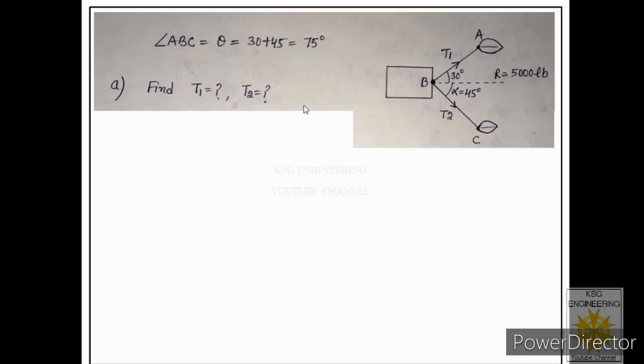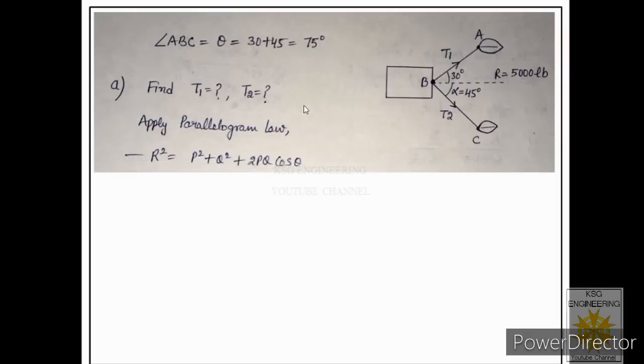Now in the next step, we know we have to find T1 and T2. It means now we will write the formula which we know for parallelogram law of forces. Let us apply the first formula. That formula is related to the resultant of the two concurrent forces, which are coplanar.